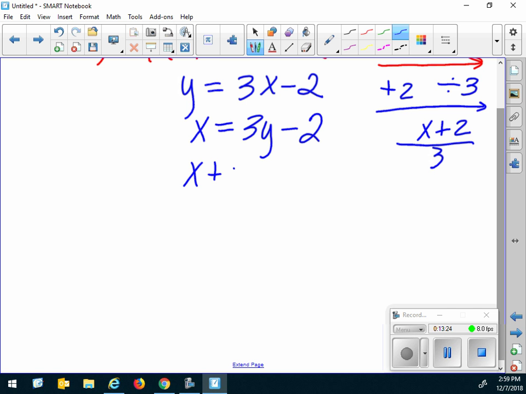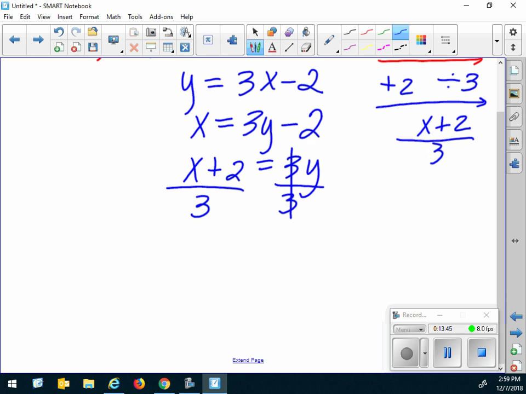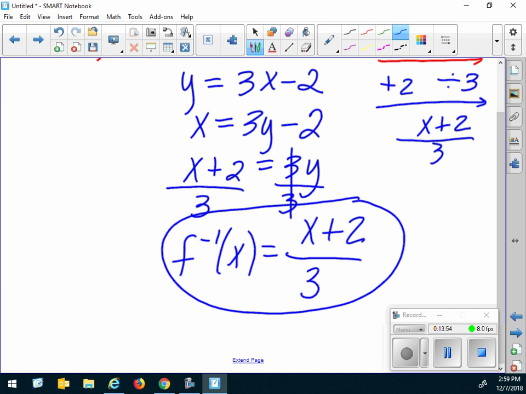So that's going to give me x plus 2 equals 3y. Keep solving for y. And look at step 4. Replace y with, that's not what I told you to put on your thing, f inverse. So f inverse of x equals x plus 2 all divided by 3. Look right there. By golly. Good. All right. Let's look at the second one.